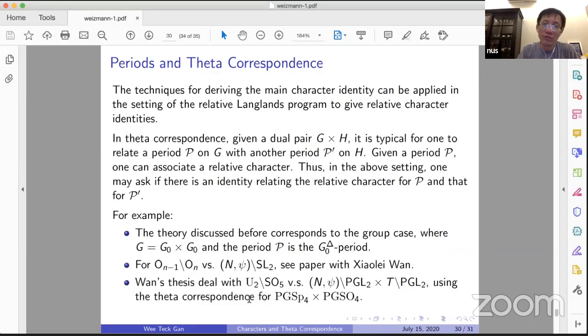Yes, although in this last example, SO5 mod U2, actually the multiplicity is not 1, it could be 2. So there's higher multiplicity, which means that when you write down the global period, it's not going to be factorized. A single period is going to be a sum of 2 global periods, something like that. But where is this multiplicity accounted for, since we are using theta correspondence? Well, it comes in the following way: in theta correspondence, you should really work with the orthogonal group, not the special orthogonal group.